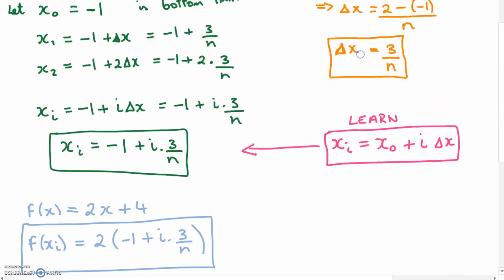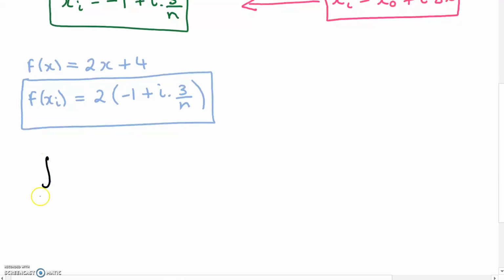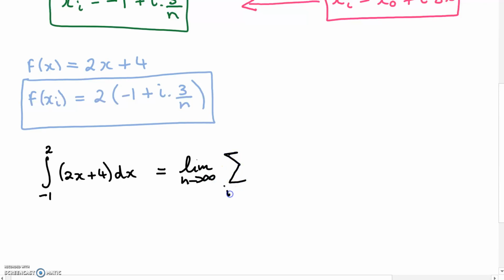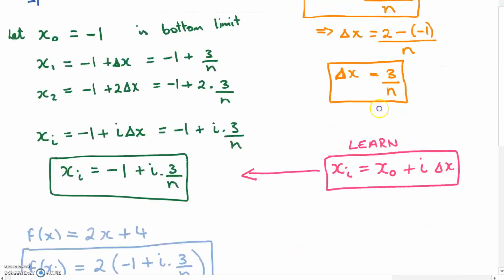Okay, so we finally finish off by writing, we're close to the end now, the integral from -1 to 2 of 2x plus 4 dx is equal to the limit as n approaches infinity of the sum from i equals 1 to n of, and then just look back up here to check it in, f of xi times delta x.